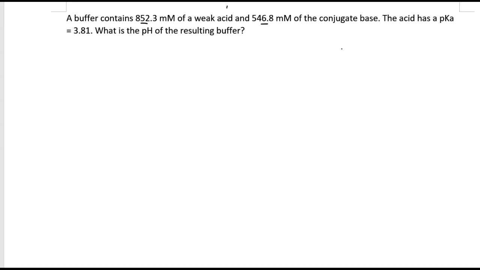So we can write our Henderson-Hasselbalch equation, pH equals pKa minus log, and we always use the log to the base of 10, of the acid concentration divided by the base concentration.